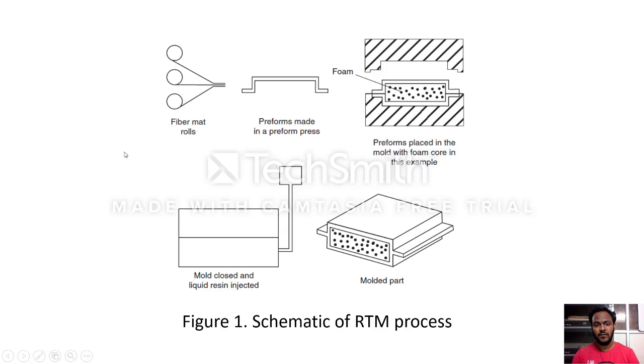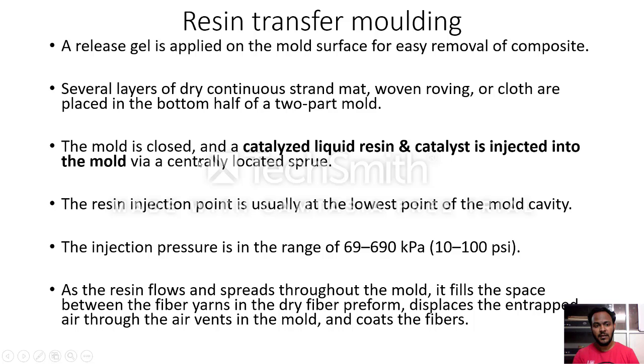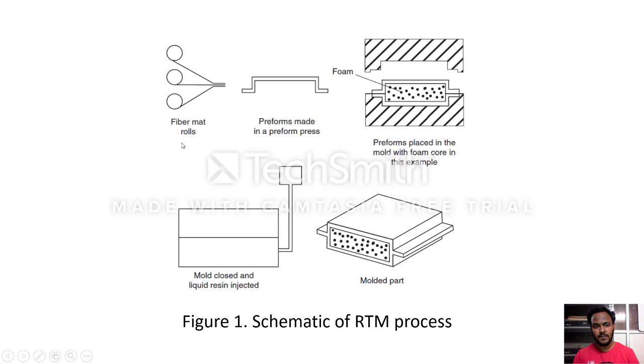So this is the brief diagram you can see here. This is the schematic of the resin transfer molding. RTM stands for resin transfer molding. You can see here the fiber mat rolls from where it comes, and then it is converted into a particular shape in a preform press, and these preforms are placed in the mold with the foam core.